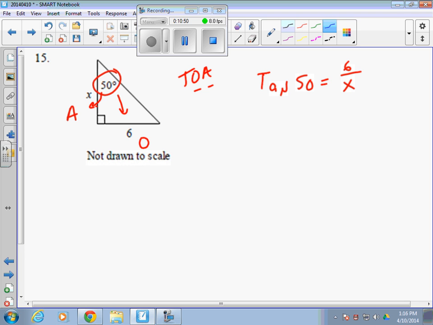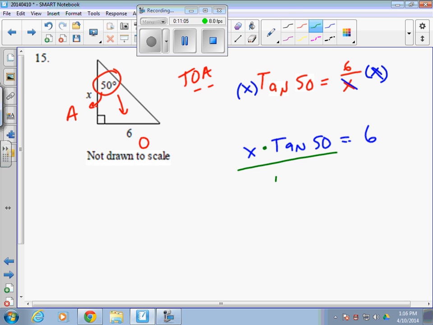To get x by itself, it says divide by x, so cancel that by multiplying by x. That leaves you with x tangent of 50 equals, these will cancel and leave you with 6. And then to get x by itself, one more step that says x times that, divide by the tangent of 50. Do the same here. And it'll cancel on the left.